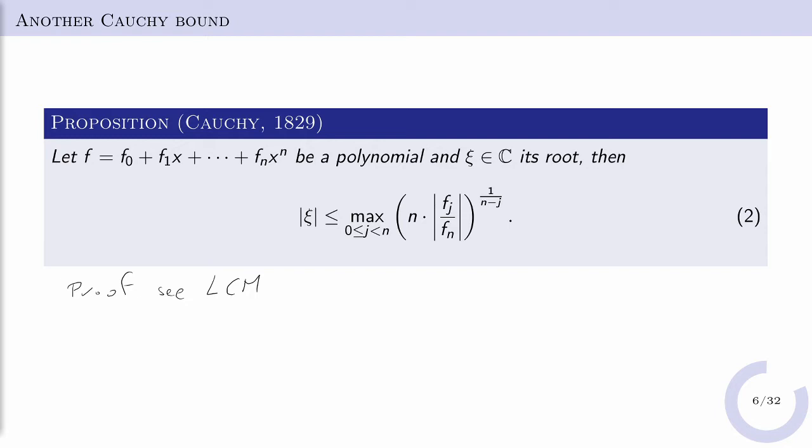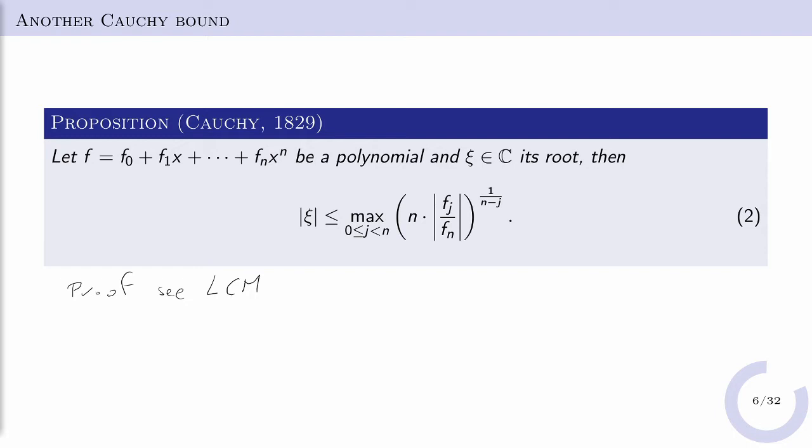In particular, some results are meta theorems that don't really give an explicit bound, but instead provide a method for constructing such bounds. In the lecture notes, you will find two such methods. One is due to Wiedemann, and it is designed to construct bounds for the complex roots of polynomials.